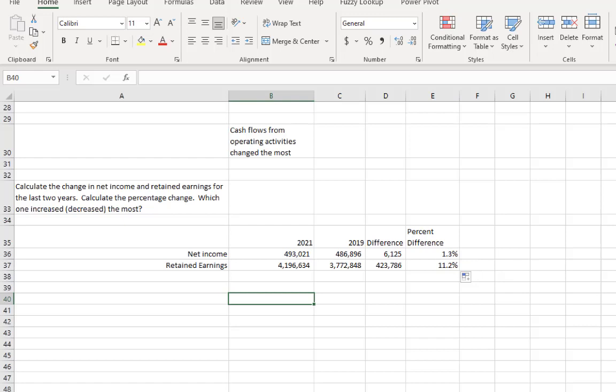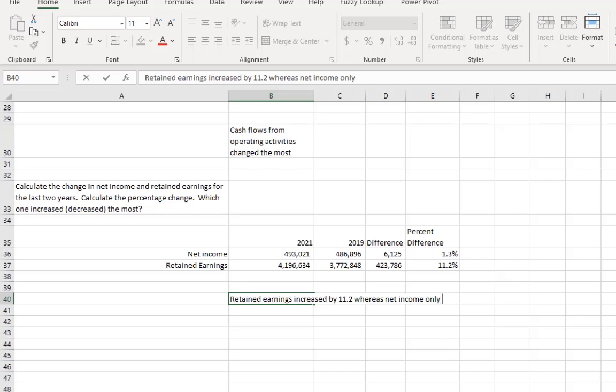All right. So I'm going to write right here. It says calculate the percent change. Which one increased or decreased the most? So I'm going to put retained earnings increased by 11.2, whereas net income only increased by 1.3%.